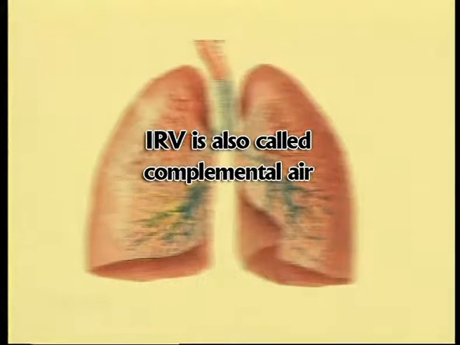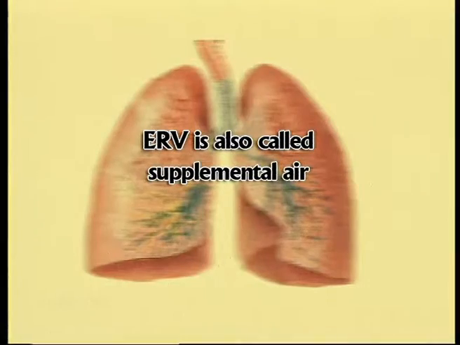It is TV 500 ml plus IRV 3000 ml plus ERV 1100 ml, which is 4600 ml of air. That air can be exhaled by a person forcefully. It is called VC, or vital capacity. As I have told you, IRV is also called complemental air and ERV is also called supplemental air.